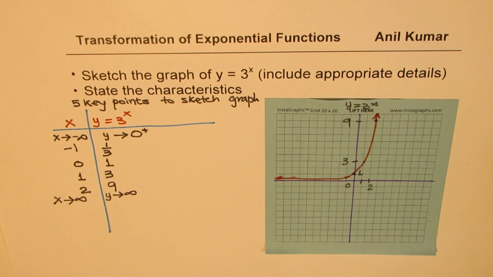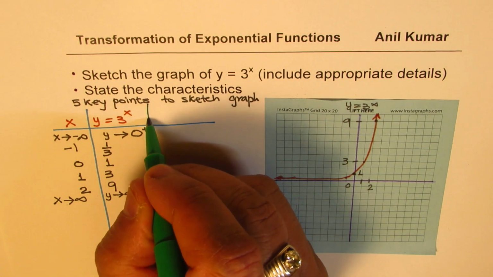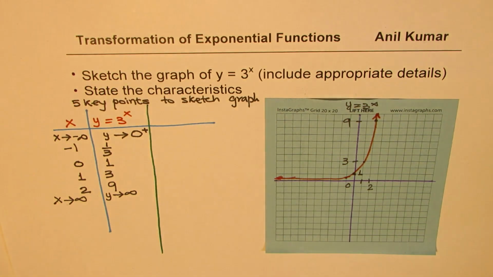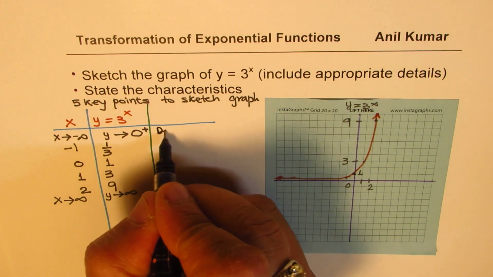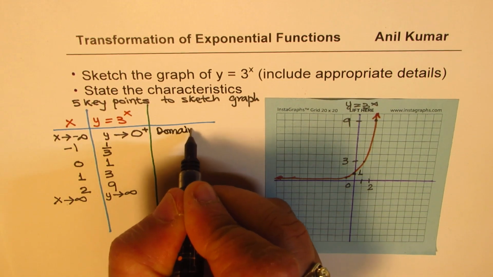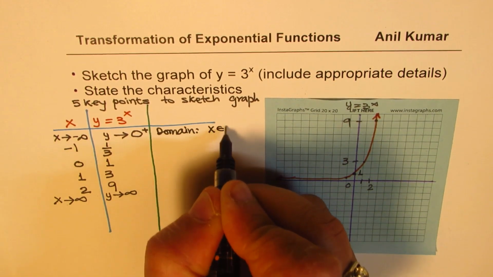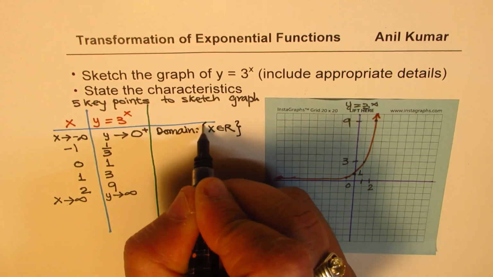Now, let's talk about the characteristics of this particular function. If you look at the characteristics, we see that the domain of the function is always all real numbers, right? So let's write down the characteristics now. Let's begin with domain. Domain is x belongs to real numbers, all real numbers.